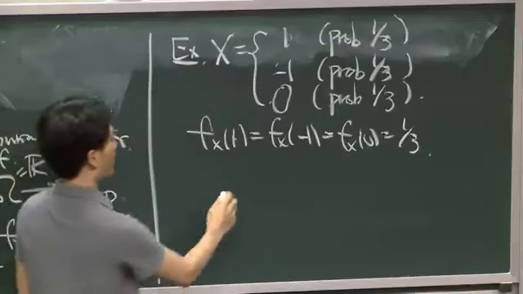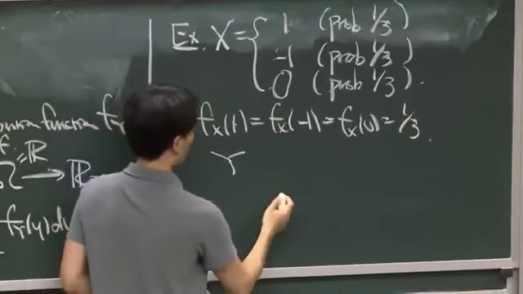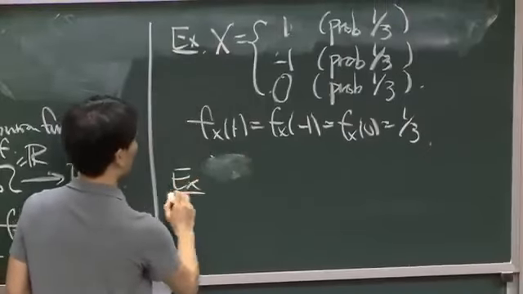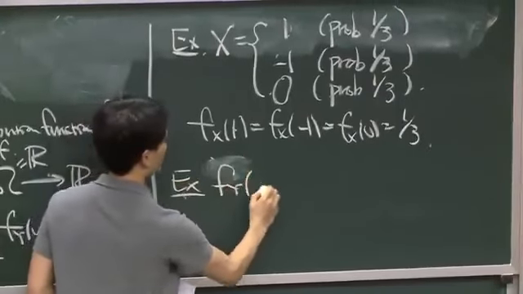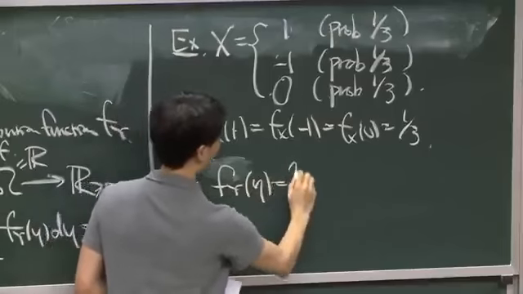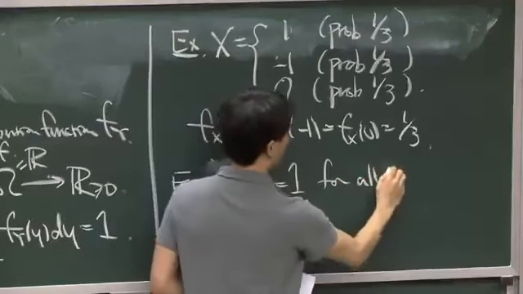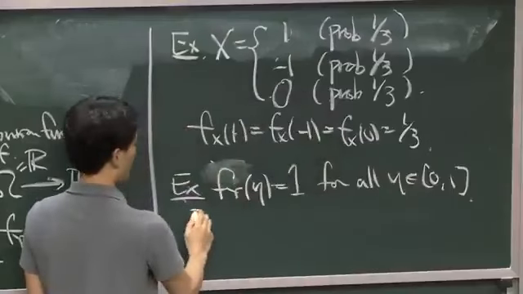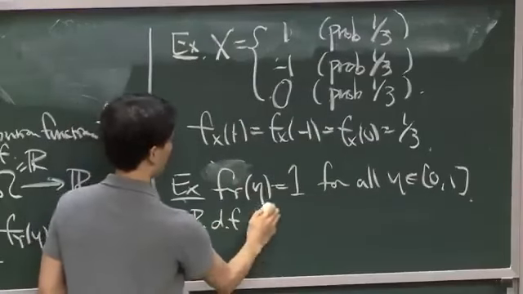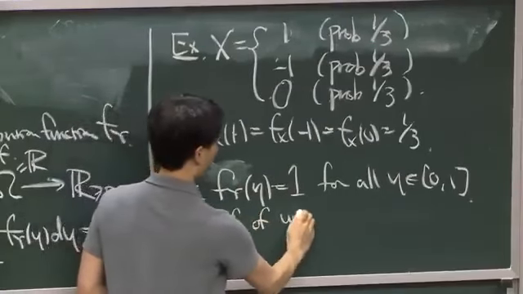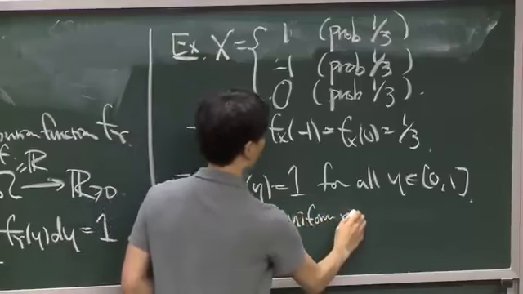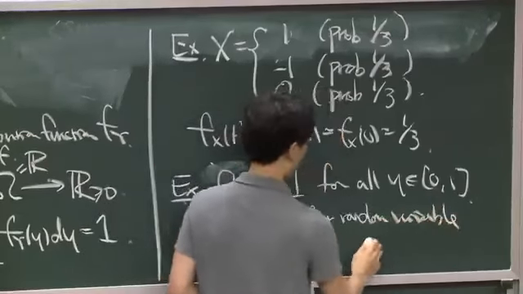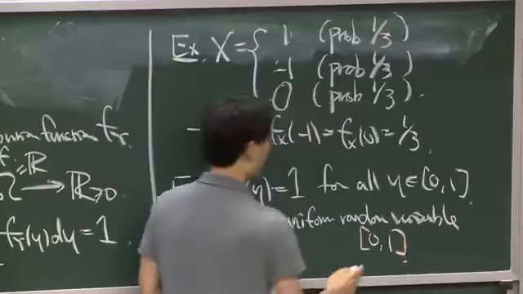An example of a continuous random variable is if, for example, f sub y is equal to 1 for all y in [0, 1], then this is the PDF of a uniform random variable on [0, 1].